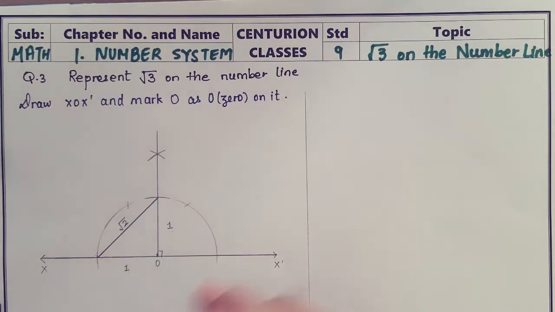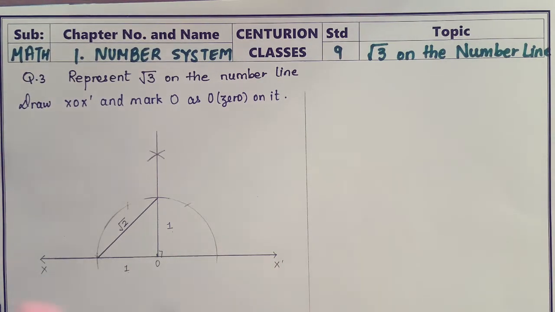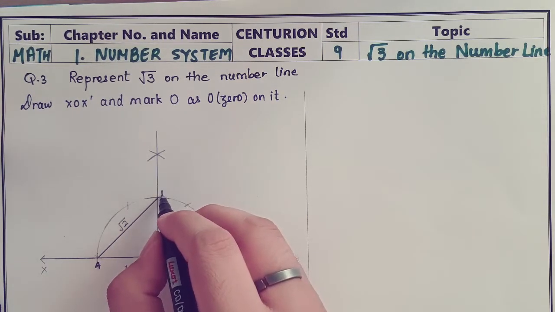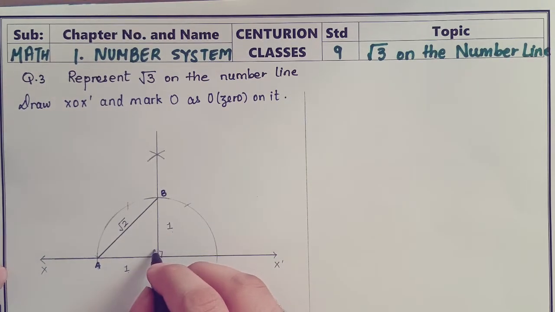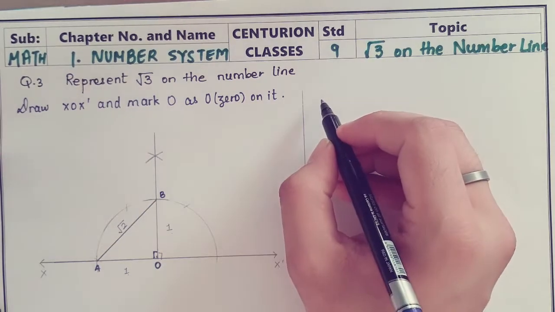Now I'll explain you the theory. We know about the Pythagoras theorem. If we consider this one, for example, if this is A, O, and let this be B. So this is AOB and this is perpendicular.